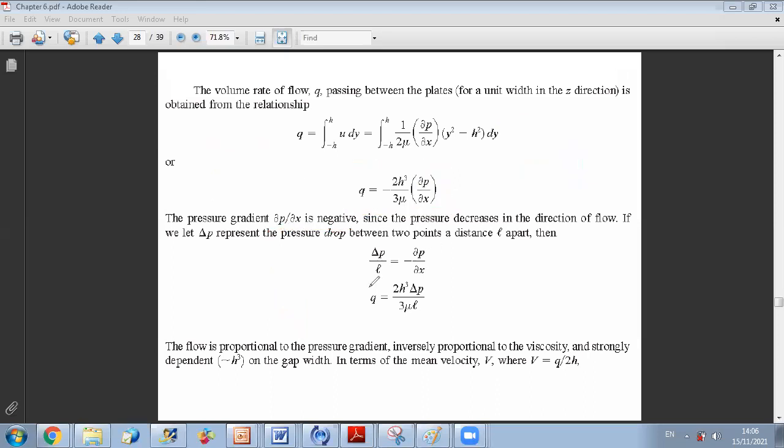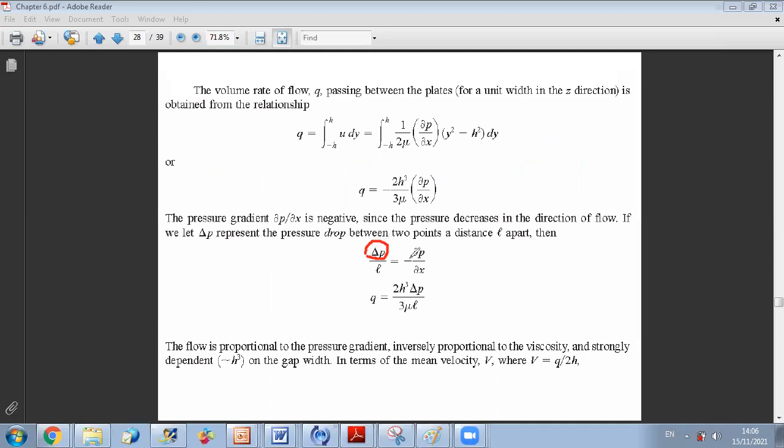Now, as we said, we can define the pressure drop between 2 points, delta P. And then delta P over L can be written as minus del P by del X. As I told you, delta P is an absolute value. It's a pressure drop, so it's positive.